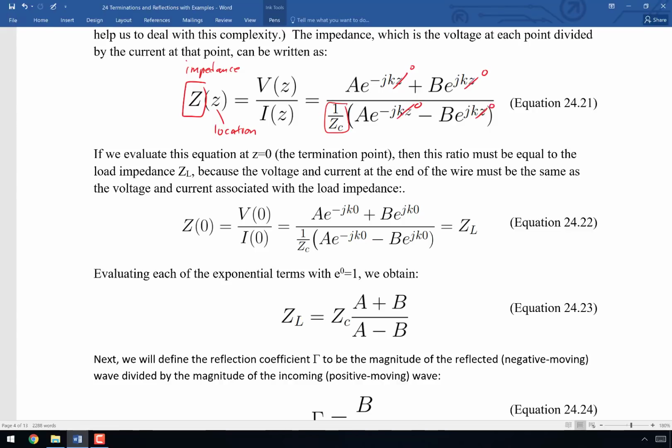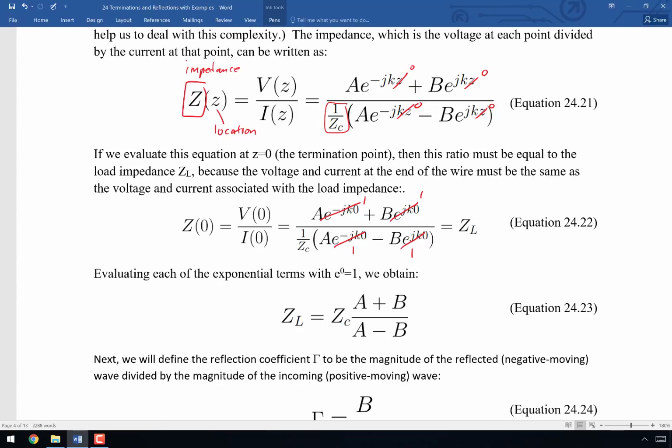And when I do that, then e to the jk0, or e to the negative jk0, is just going to be 1. So this becomes 1, and this becomes 1, and this becomes 1, and this becomes 1. And I know that if that's at the load, then that must be equal to the impedance of the load, because the voltage at the right end of the wire must equal the voltage at the load, and the current leaving the right end of the wire must equal the current entering the load, so they have to be equal to each other.